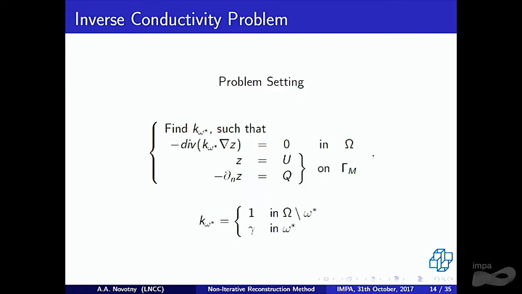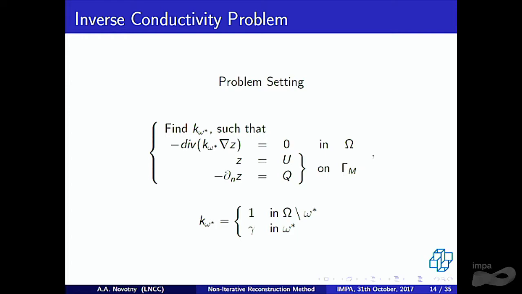So this problem is written in the form of an overdetermined PDE. Here, the unknown is the coefficient k omega star, which appears here in the main part of the differential operator. Zeta is some state representing the phenomenon inside the body.